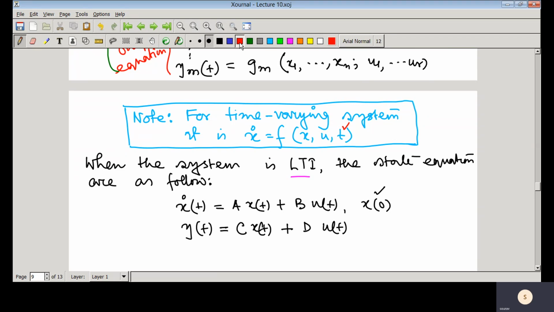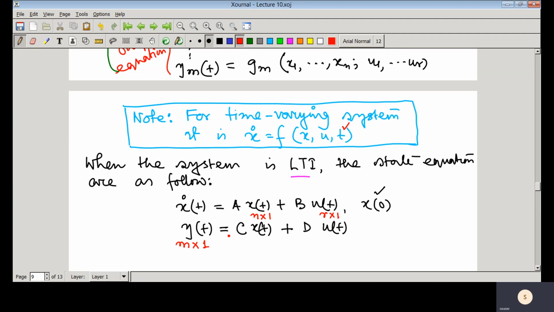Suppose you have n number of state variables, so this x vector is n cross 1, and if you have r number of inputs, so u is r cross 1, and if you have m number of outputs, so this y would be m cross 1. These all are vectors.